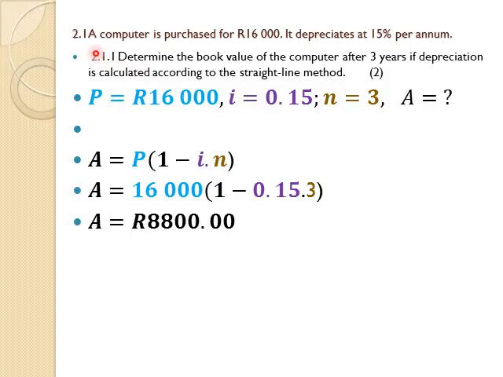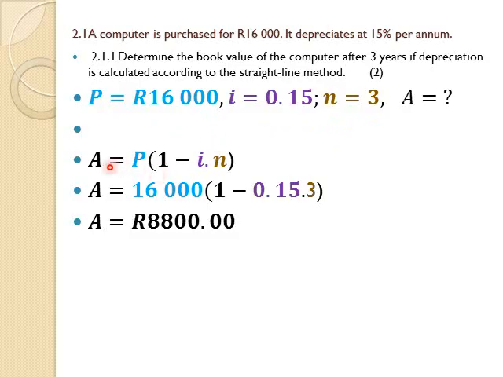Right, now in this problem, a computer is purchased for 16,000 and depreciates at 15% per annum. First, determine the book value of the computer after 3 years. Depreciation is calculated according to, very important, the straight line method, right? So presently the computer is 16,000, 15 divided by 100 gives me 0,15, and the time period is 3 years, and we're looking for the accrued value.